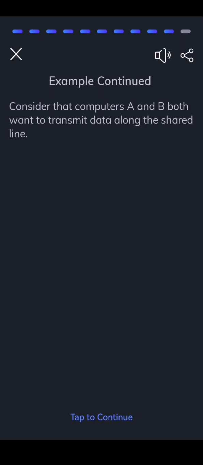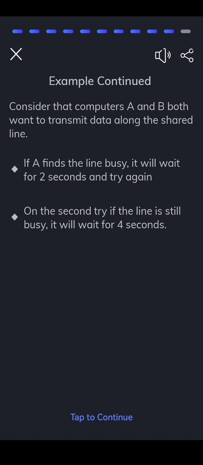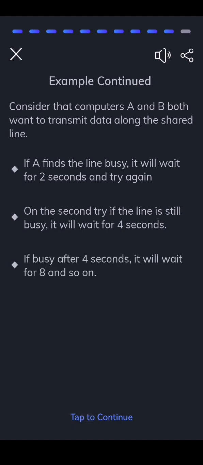Consider that computers A and B both want to transmit data along the shared line. If A finds the line busy, it will wait for 2 seconds and try again. On the second try, if the line is still busy, it will wait for 4 seconds. If busy after 4 seconds, it will wait for 8 and so on. Computer B's waiting intervals are 1.5 seconds.